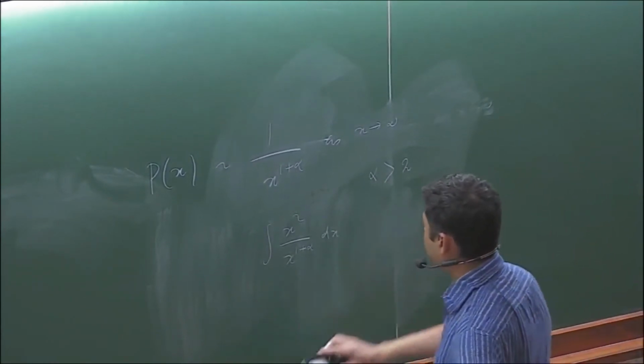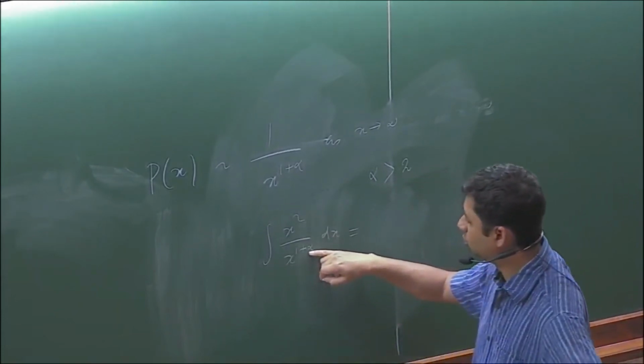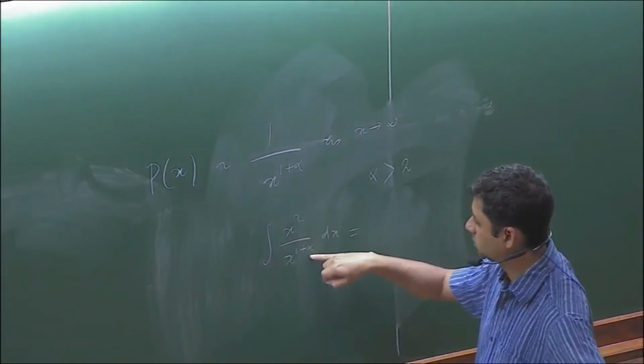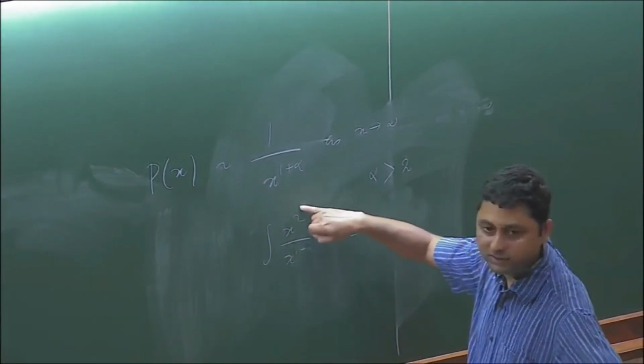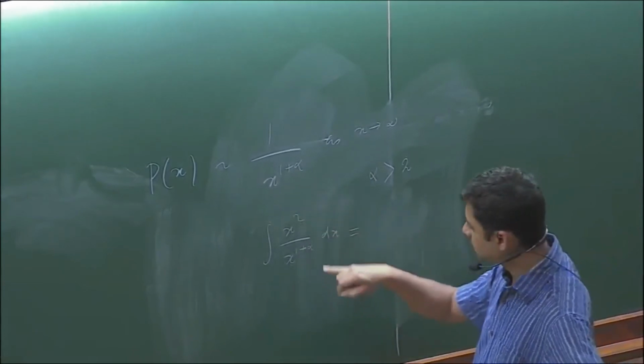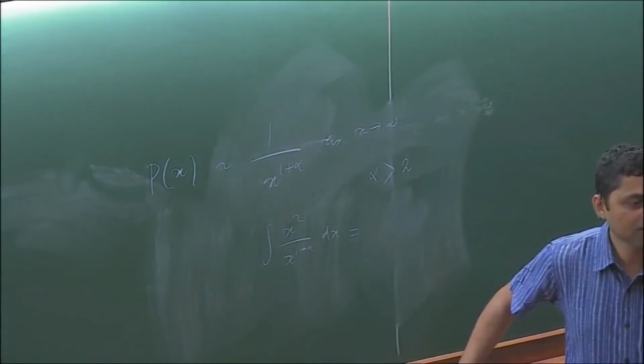Okay, sorry. So suppose alpha is equal to 2. If alpha equal to 2, this 2 will cancel, right? So then it will still go like dx by x, right? So it will be log, right?